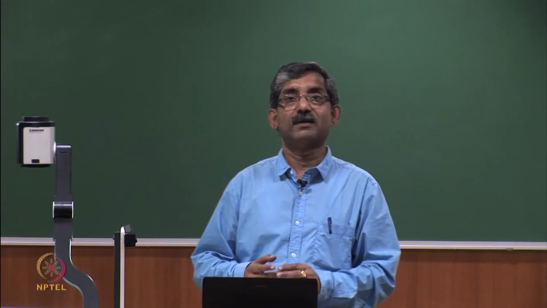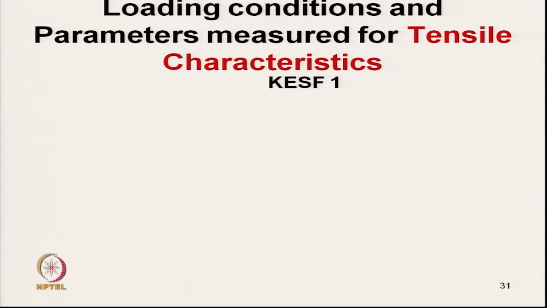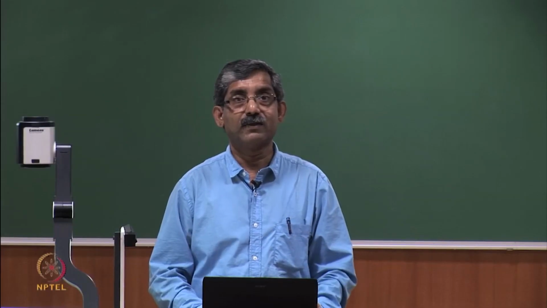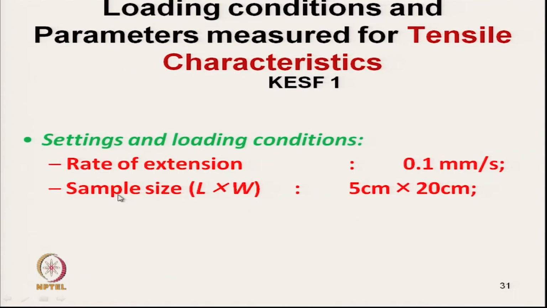Now, the parameters for measurement of tensile characteristics are the loading conditions. The setting and loading conditions are the rate of extension. Here the rotational speed of the drum is maintained in such a fashion that the rate of extension is 0.1 millimeter per second.